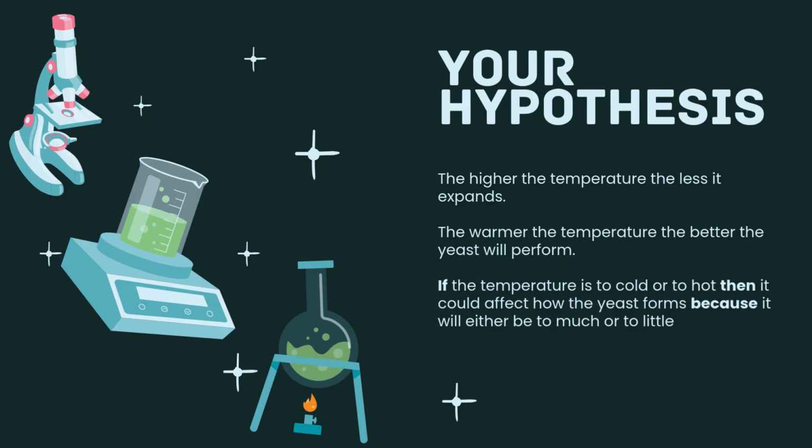It's just saying if the temperature is too cold or too hot, it could affect how the yeast performs. We're not getting a clear guess. Your hypothesis has to give me a clear guess of what you think is going to happen. So staying in this middle of the road, I'm not really sure if it's too hot or if it's too cold, that could do this or that could do that.